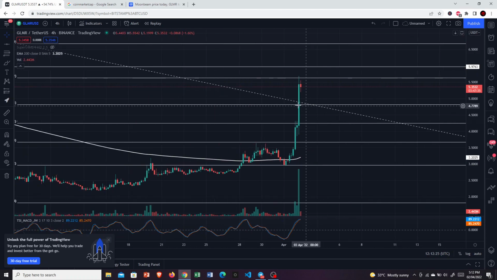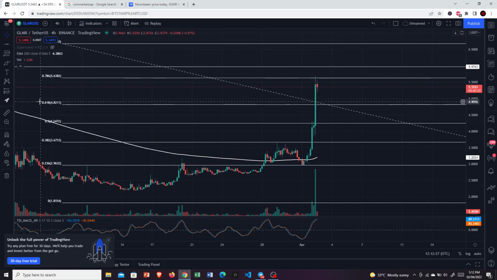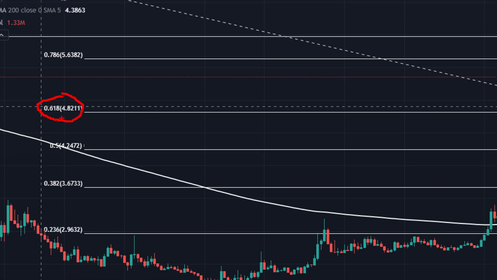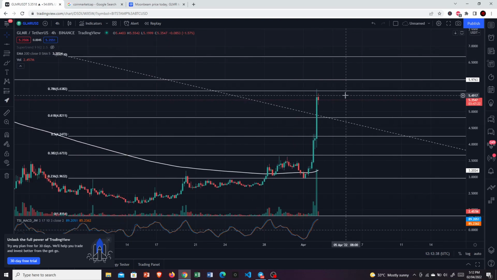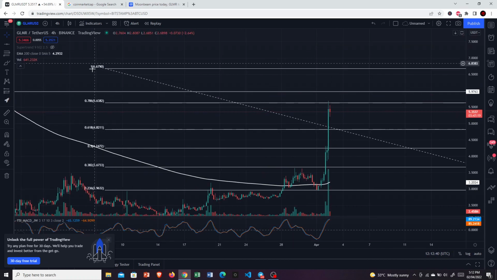That could be completely possible. And if this support doesn't hold, if 4.82 doesn't hold, then we can retest the 4.24 level easily. But in my opinion, this level could hold for the short term, and we can see some retest to these 6.6 region, 5.9 region, and 5.6 region.